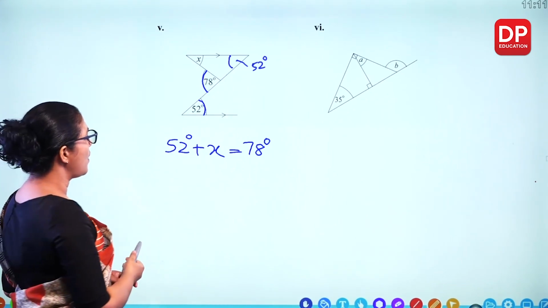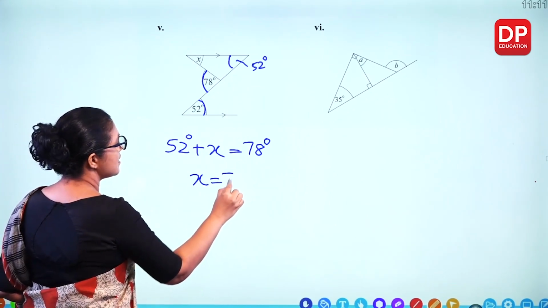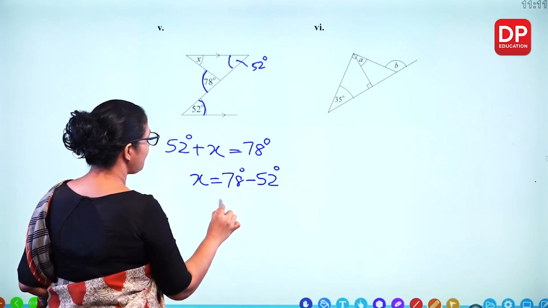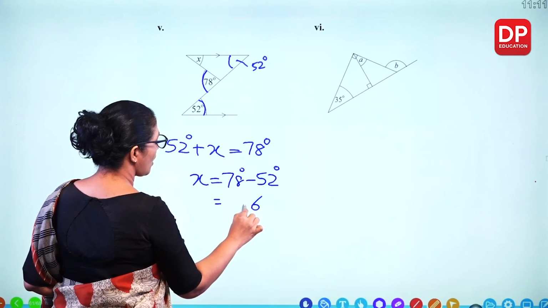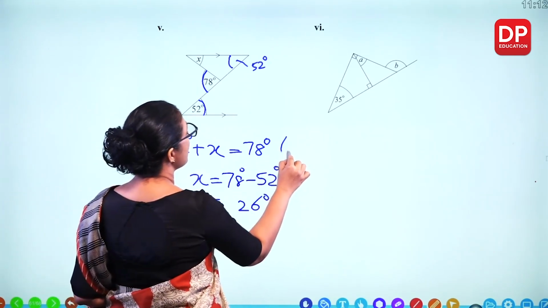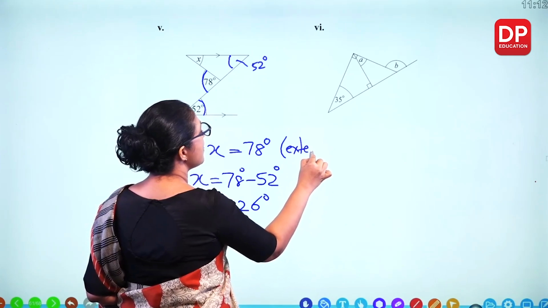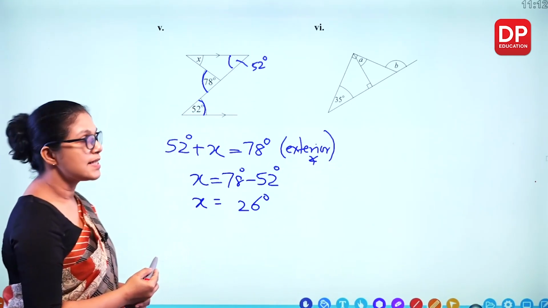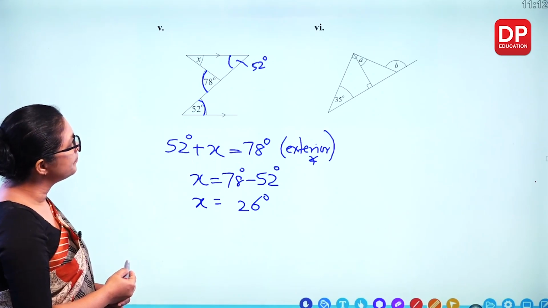So you can equate. So what's X? 78 minus 52, 26 is X. So you can write this because an exterior angle is equal to the sum of the opposite interior angles.